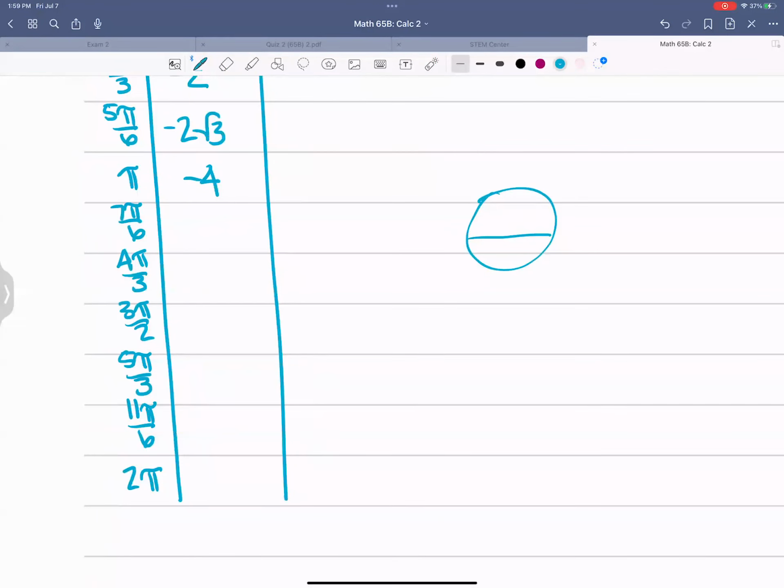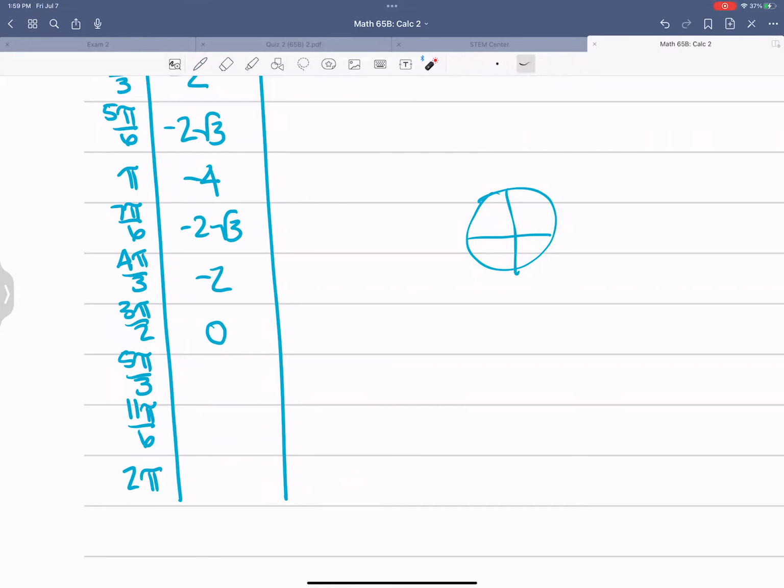Seven pi over 6 is going to be here. It's still negative, so that's still going to be negative 2 root 3. 4 pi over 3 is going to be down here, which makes this negative 1/2 or negative 2. 3 pi over 2 is going to be 0.